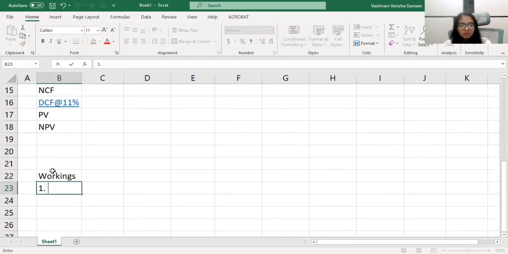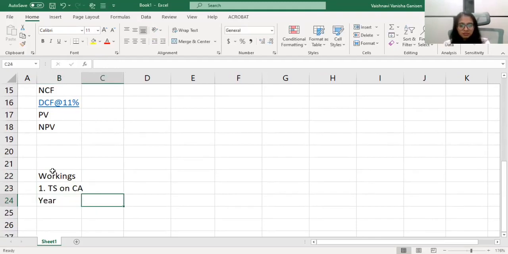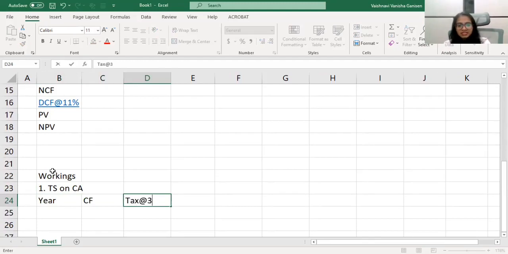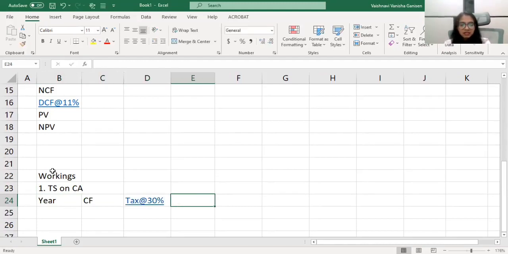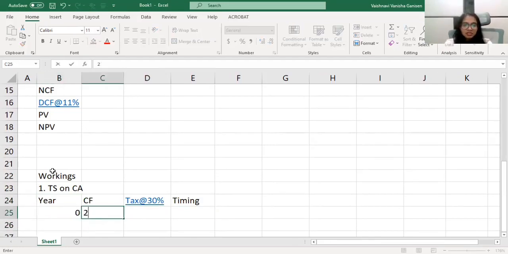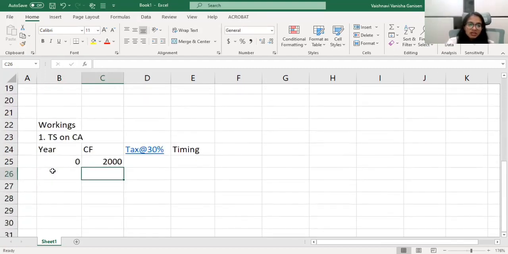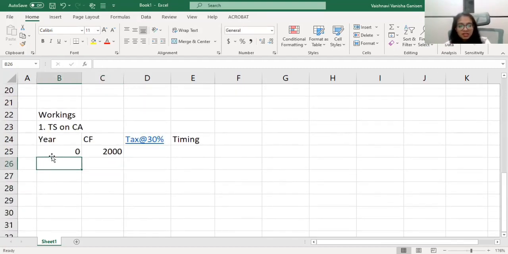Number 1, tax saving on capital allowance. So year, cash flow, at 30%, and timing. Year 0, the cash flow is 2,000. Guys, I'm going to show you a trick here. Year 1, you need to pay reducing balance at 25%.